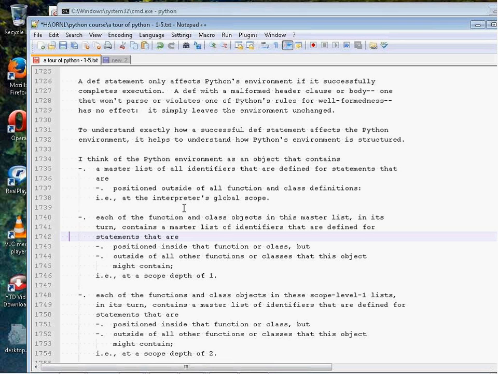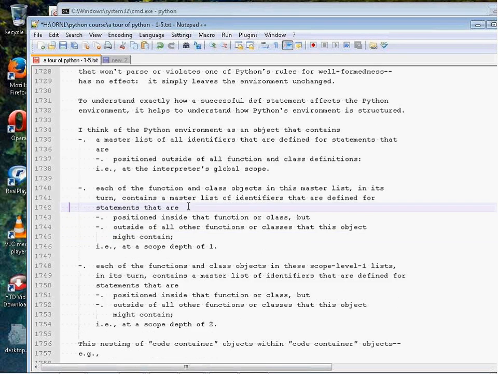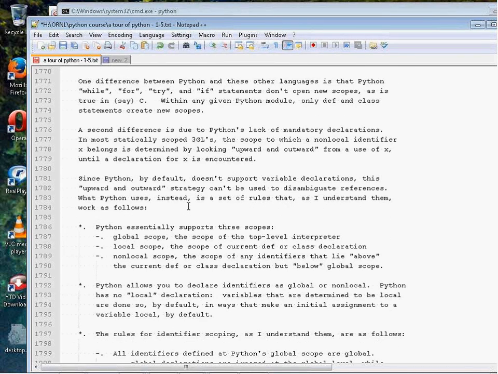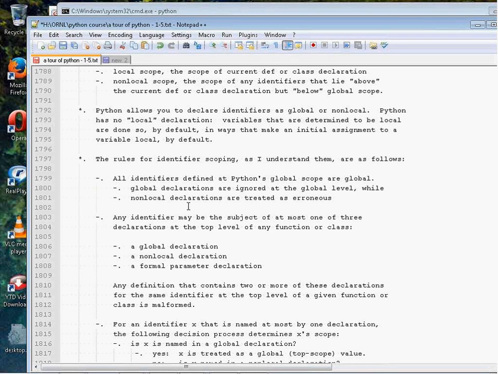Python has no local declaration. You get around Python's built-in rules by saying an identifier is global or by saying an identifier is non-local. And that's all you have. If you have a stack of functions and you have an n here and an n here, there's no way that you can get at the n in F4 because n in F3 will shadow it.